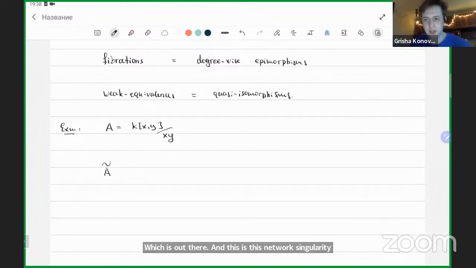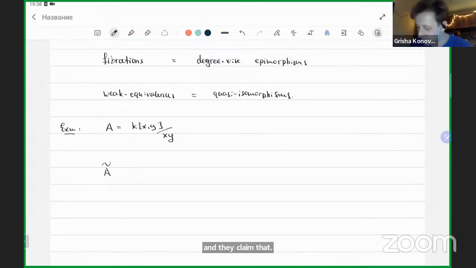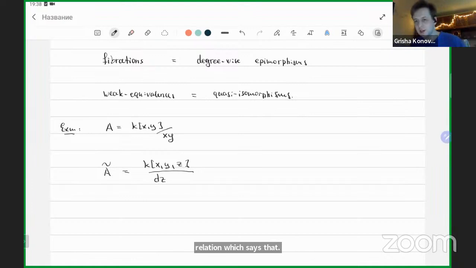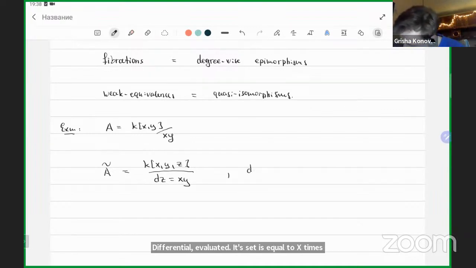And I claim that there is a quasi-free differential graded algebra, which has three generators, x, y, and z, and there is a unique differential relation, which says that differential evaluated at z is equal to x times y. And let me also say that degrees of the generators are as follows.